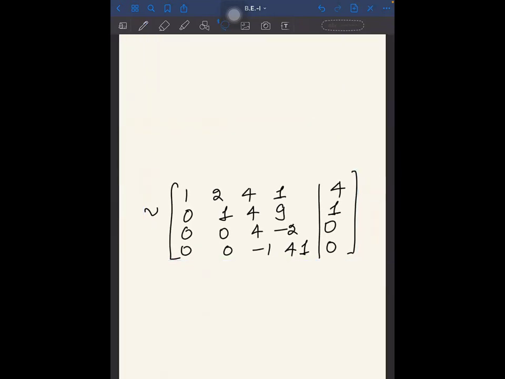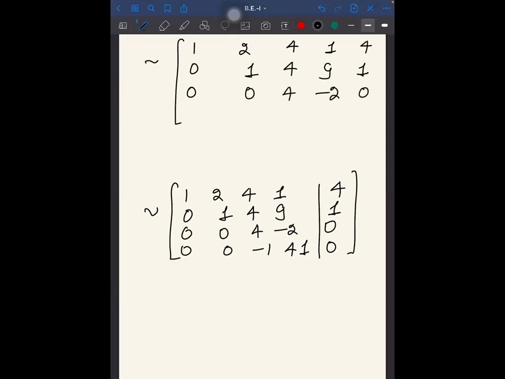Paste it over here. So this will look like 1, 2, 4, 1, 4, 0, 1, 4, 9, 1, 0, 0, 4 minus 2, 0, 0, 0, 1 minus 41, 0.